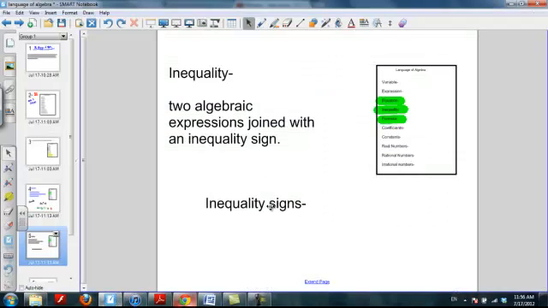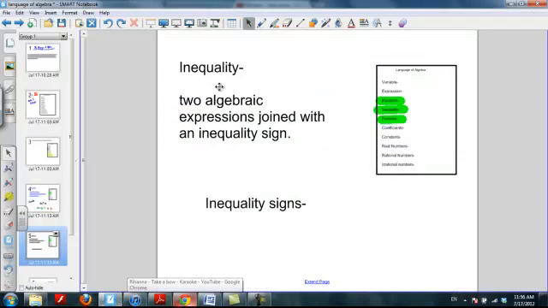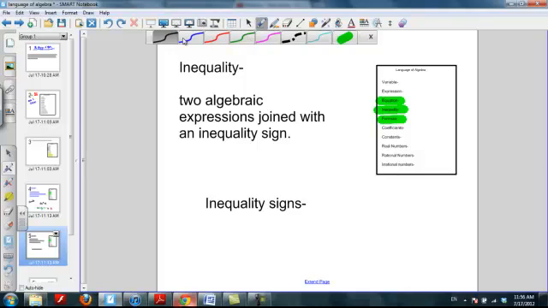Alright, so an inequality is two algebraic expressions, but this time instead of joined with an equal sign, it's joined with an inequality sign. So the inequality signs, let's review them.